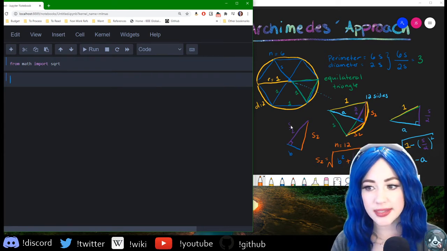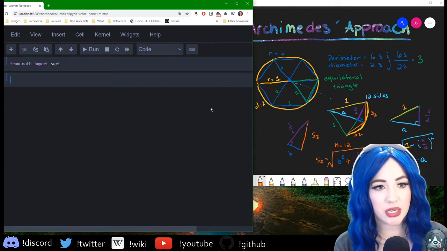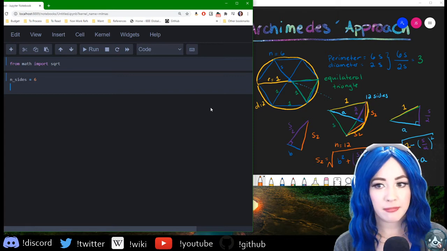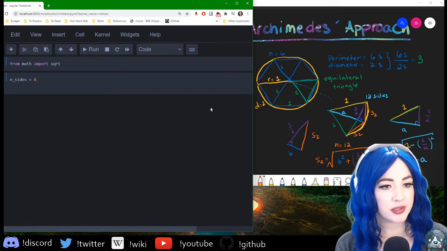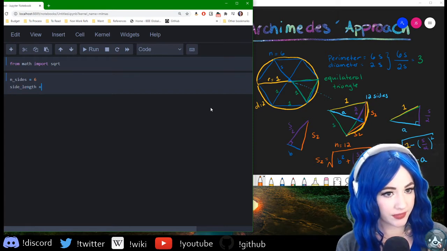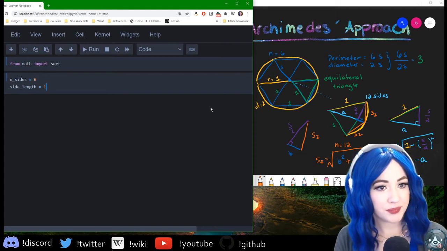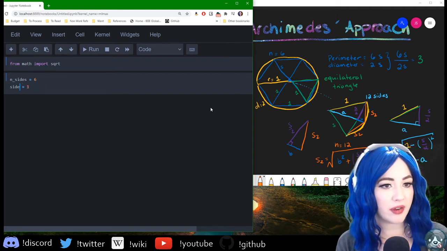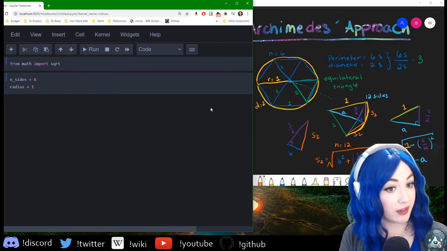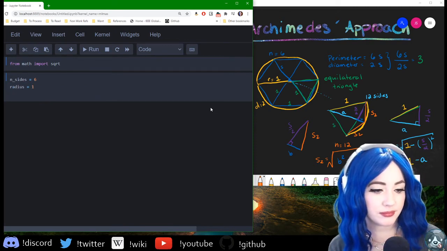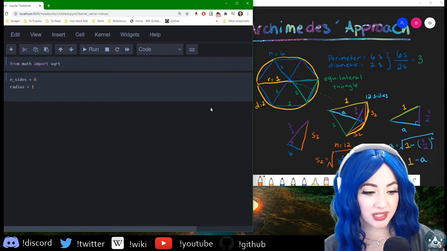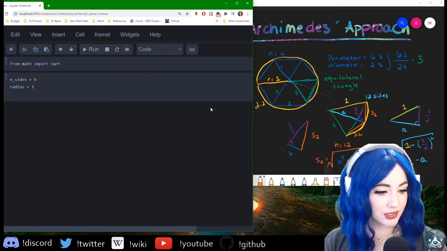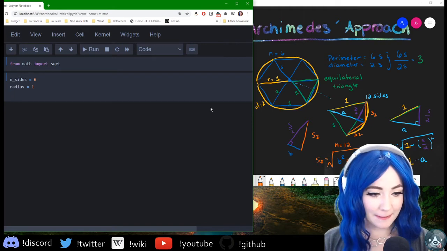Let's take our example of the number of sides being 6, and our radius of the circle is 1. We're starting with 6 sides, our hexagon. We just drew a hexagon.